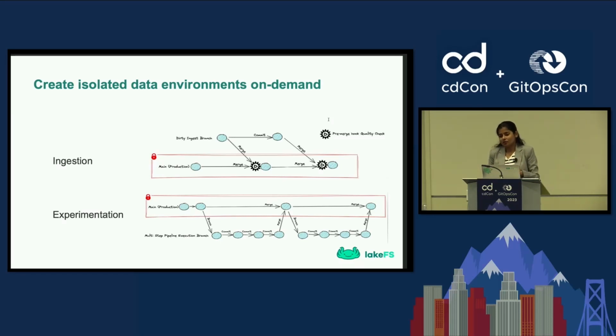At the end of the day, whichever branch or model gives you the highest accuracy, you could just push that model into production. This way, you make sure the winning model is being deployed to production. These are a couple of use cases of how you can use isolated data environments with LakeFS branches. Depending on whatever other use cases you may be thinking of, you can leverage these Git-like APIs for that as well.